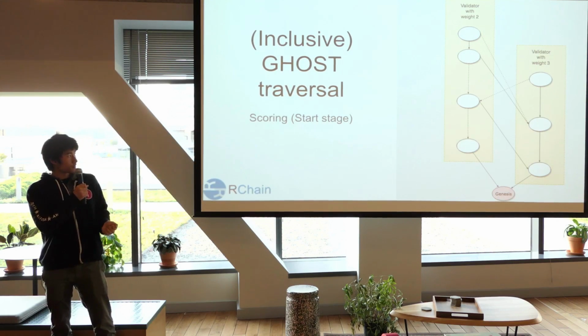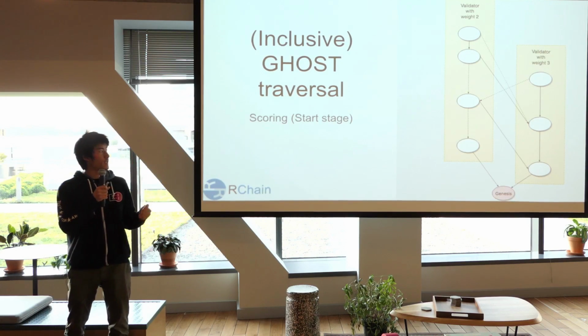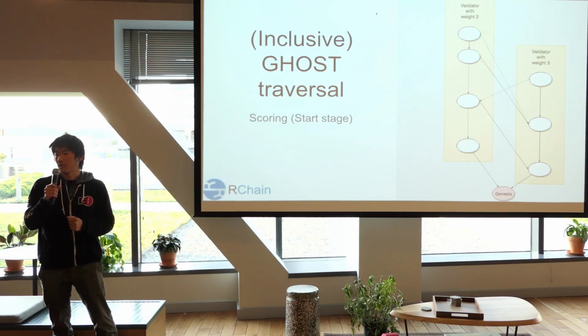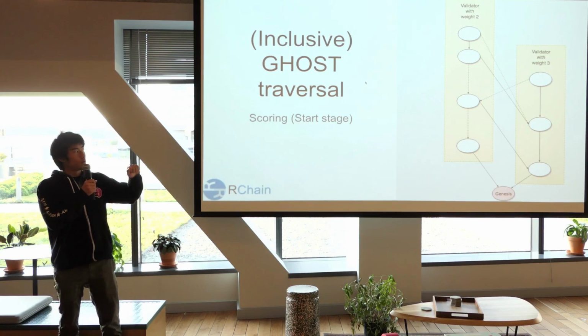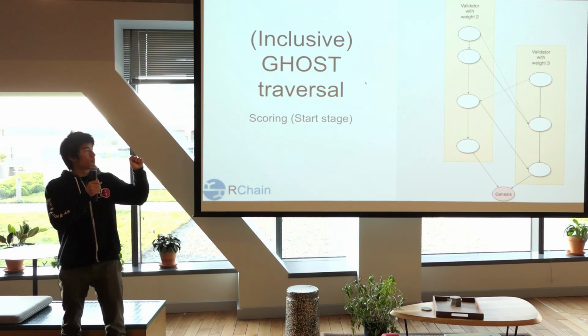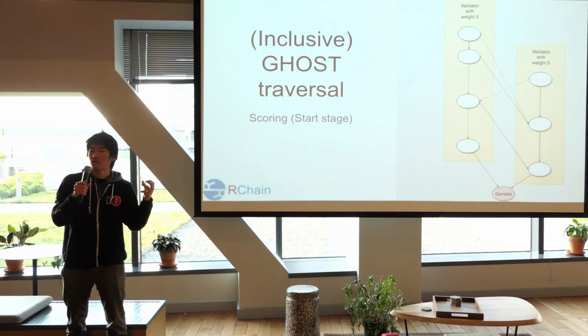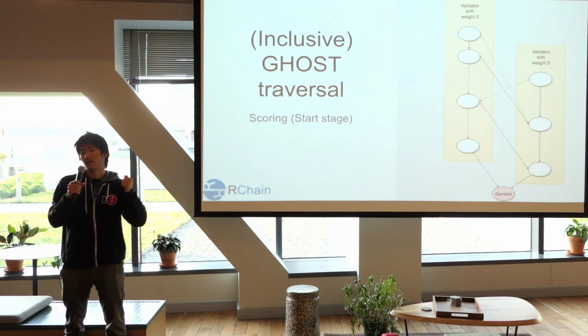Just to go on, the dashed lines, the dotted lines, are justification pointers. This is saying what each block, when created, saw as the latest block from another validator.